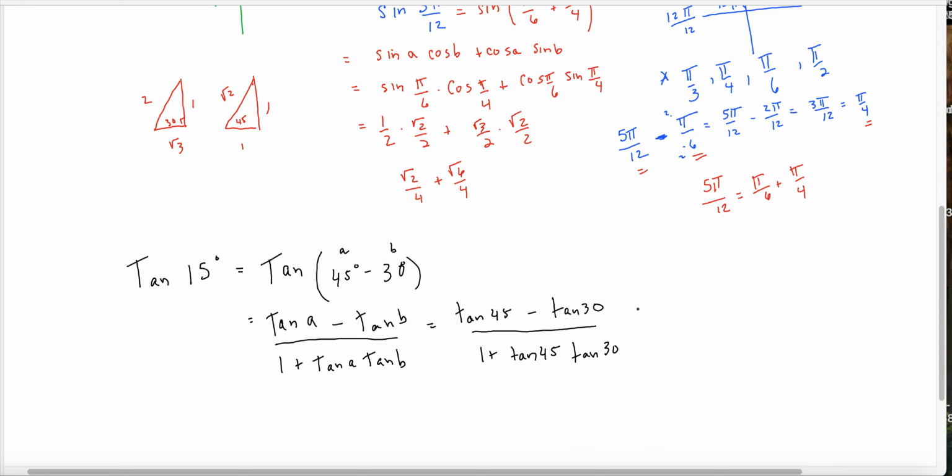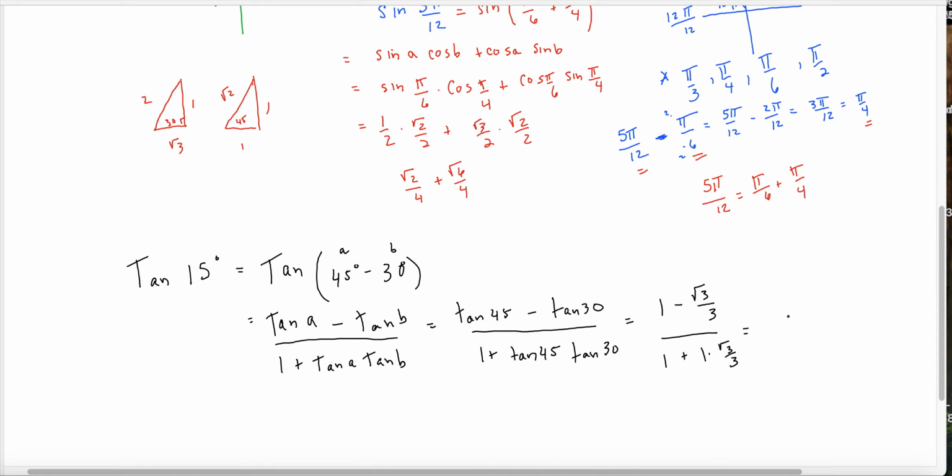Okay, so tangent 45, opposite over hypotenuse, so 1 over 1 is 1, minus tangent of 30, jumping over to this triangle, so opposite over adjacent is 1 over square root of 3, or I'm just going to go ahead and write that as square root of 3 over 3. And then on the bottom we have 1 plus, and then again tan of 45 is 1, and tan of 30 is square root of 3 over 3.